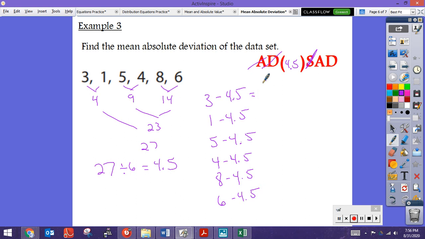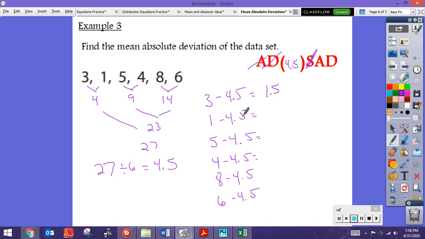Alright, and so when you do this subtraction, again taking the absolute value of your answer. So I'm just going to write the absolute value of it, even though when you do 3 minus 4.5, you're going to get negative 1.5, but the absolute value of that is 1.5.